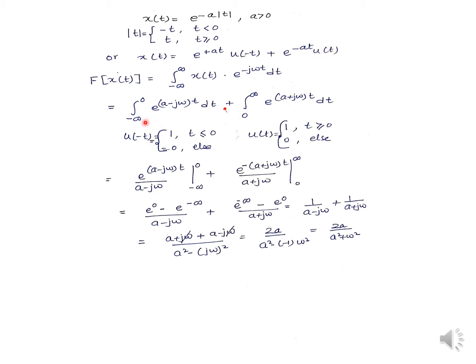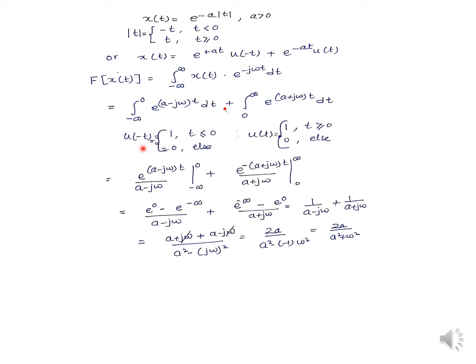So it will be minus infinity to 0 e raised to the power a minus j omega t. I combined this e raised to the power at with this because they have the same base. In a similar way, it will be a plus j omega t into dt.